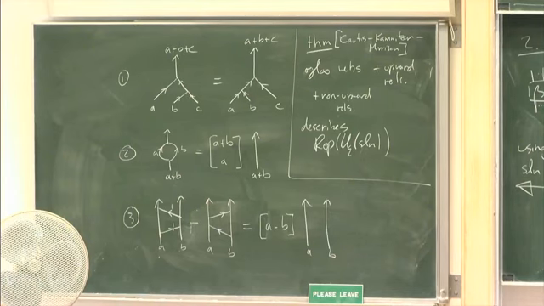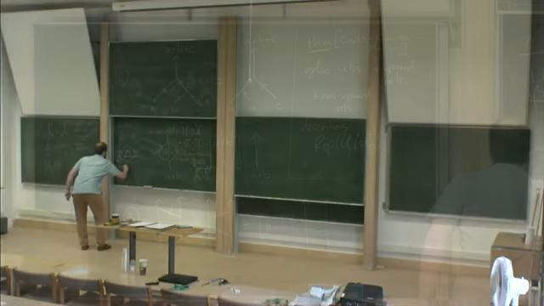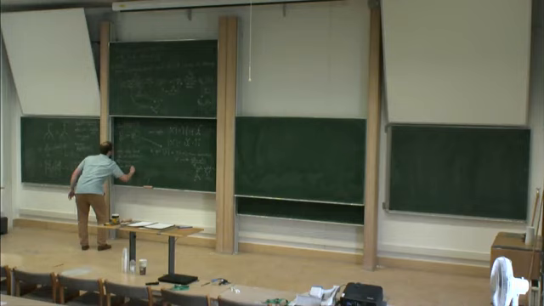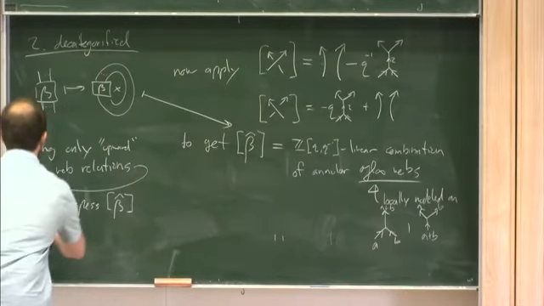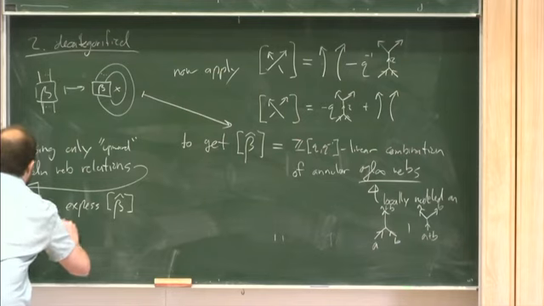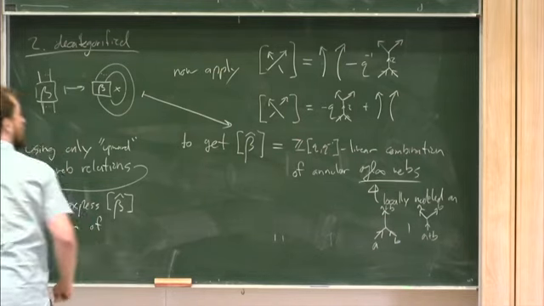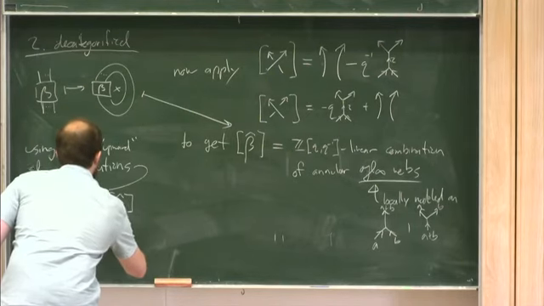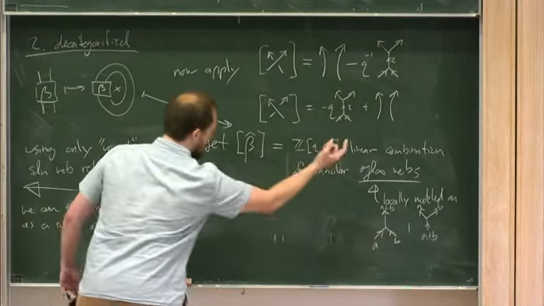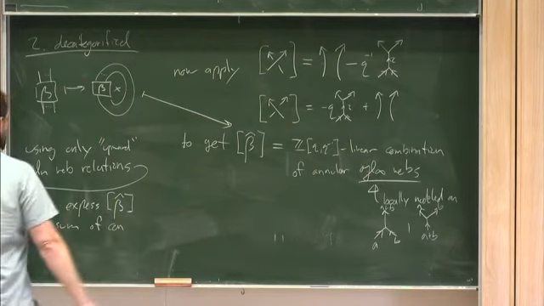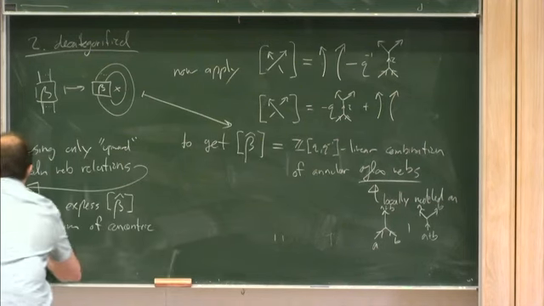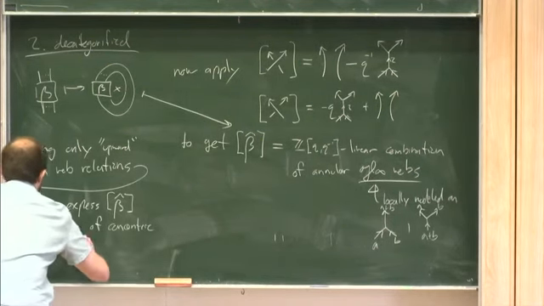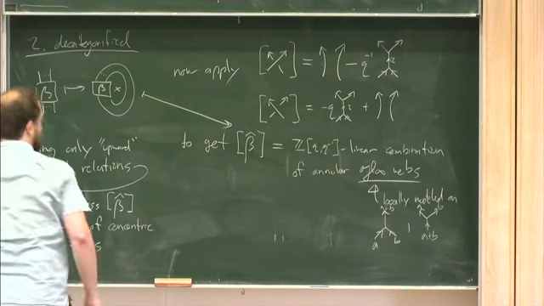So let me finish this thought here. Using only upward web relations, we can express this annular bracket as a sum of, again, Z adjoin Q, Q inverse linear sum of concentric labeled circles.